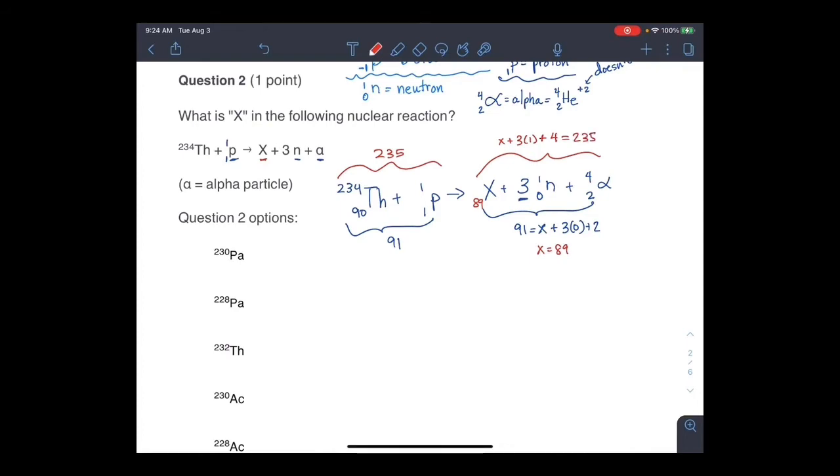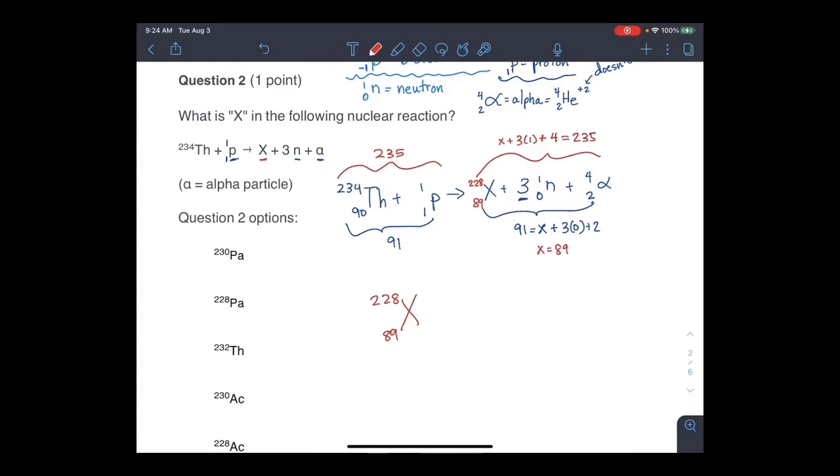So what is that? 235 minus 4 is 231, minus another 3 is 228? Don't be afraid to use your calculator. Yep, 228. So it's X 89, 228.